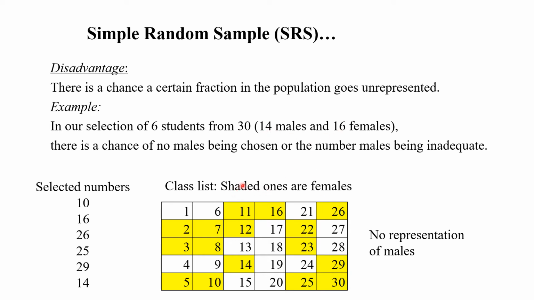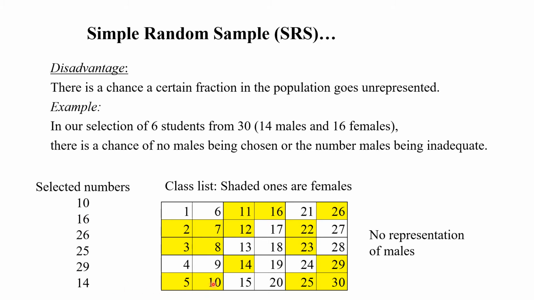Let's say the shaded ones are the females. And these are the numbers we generated just now. We match these numbers against this list, and we can see all the numbers are females.